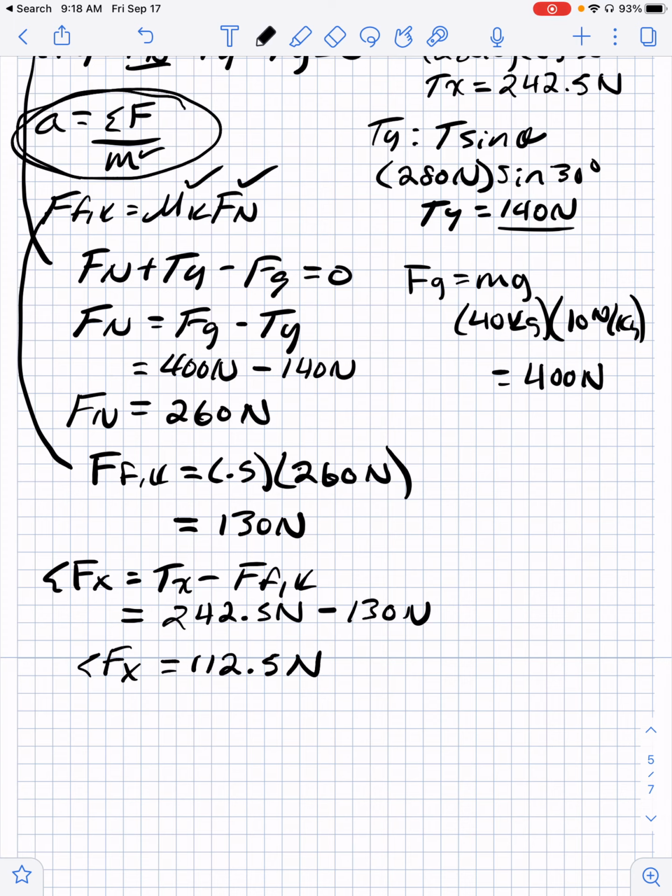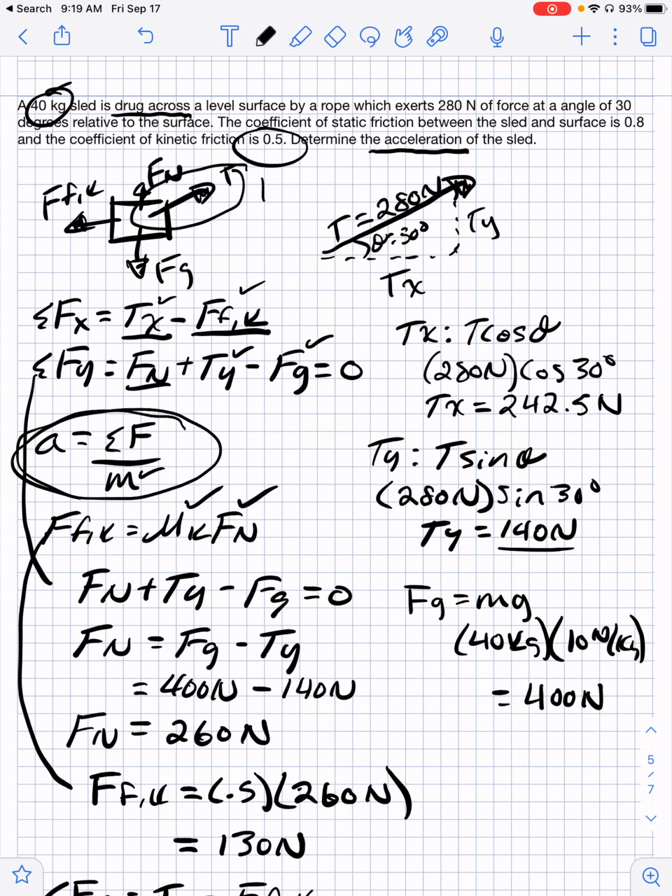On these problems, it's always important because sometimes you have to solve for multiple things in order to finally use that equation there. So always start out, step 1, make your free body diagram. Step 2, make your net force equations. Step 3, identify what you're solving for. I was solving for the acceleration. Then I can determine what all I had to solve for.